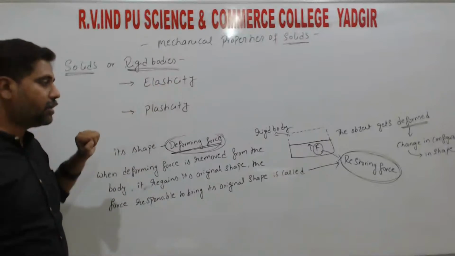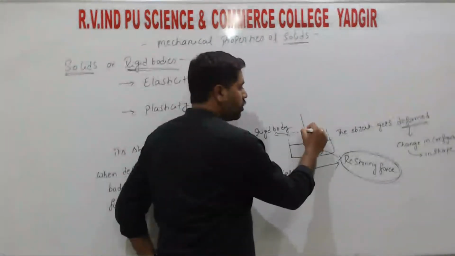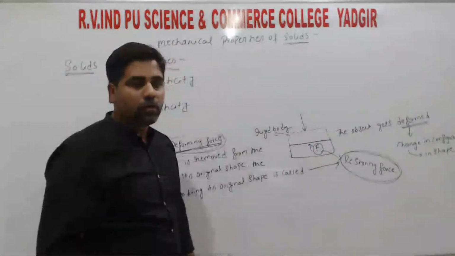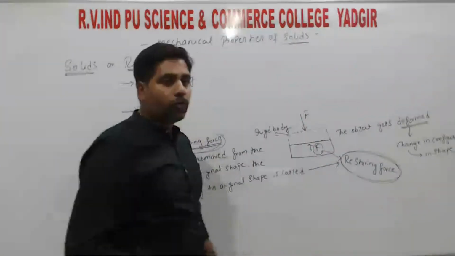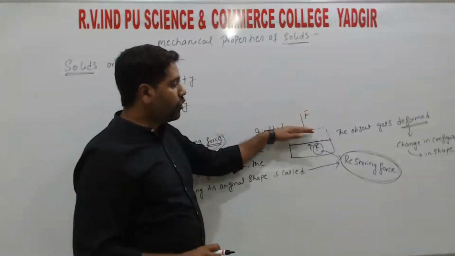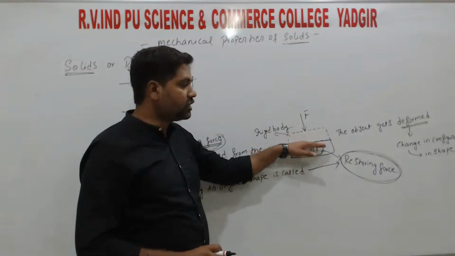So elasticity means when the deforming force is applied on the object, right? So now force apply ಮಾಡ್ತಿದೀವಿ, ಆ force ನ ನಾವು ಏನಂತ ಕರಿತೀವಿ? Deforming force, right? So when we apply the deforming force, the object changes its shape, its configuration.